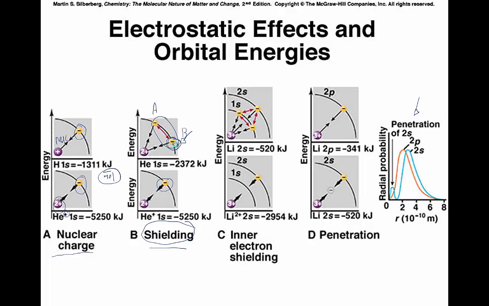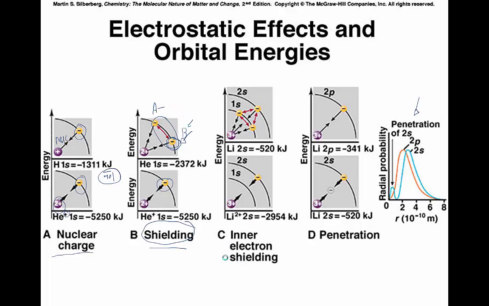So other electrons reduce the amount of positive charge that the other electrons feel or see. We use these anthropomorphic terms, you know, kind of imagine an electron has feelings or something, which they don't, of course. But we look at this electron and how attracted it is to the nucleus. It's attracted less to the nucleus. Why? Because electron B is repelling it. We call that shielding. So electron A is being shielded by electron B.